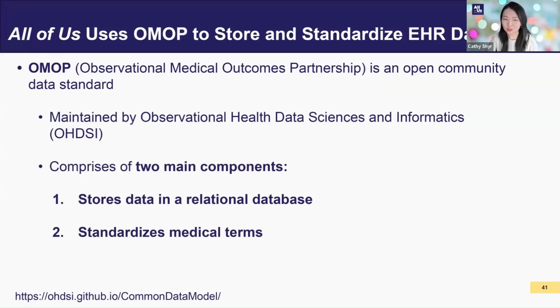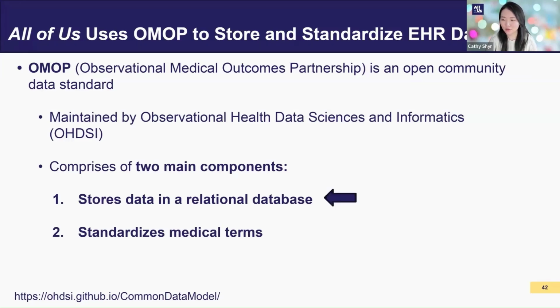The two fundamental things I want everyone to take away are that there are two main components to OMOP. First, it stores the All of Us data in a relational database. And the second is that it standardizes all the medical and EHR concepts. So the first is data storage, and the second is data standardization.